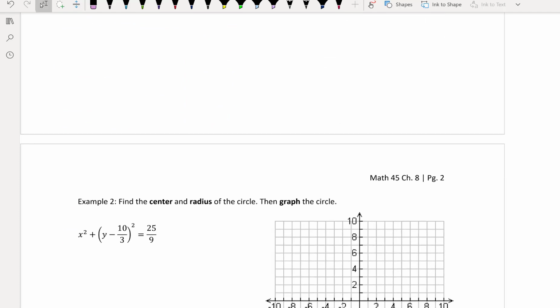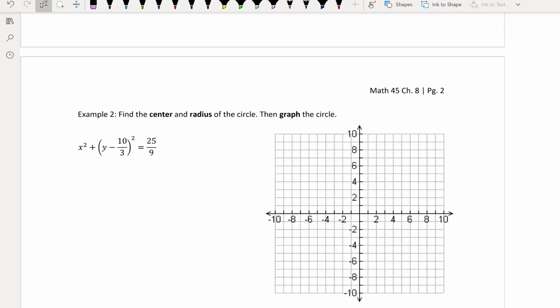For example number 2, I have the exact same question where I'm finding the center and the radius of the circle. So just keep rewriting it until you have your standard equation of a circle memorized. You know that it's x minus h squared plus y minus k squared is equal to your radius squared.